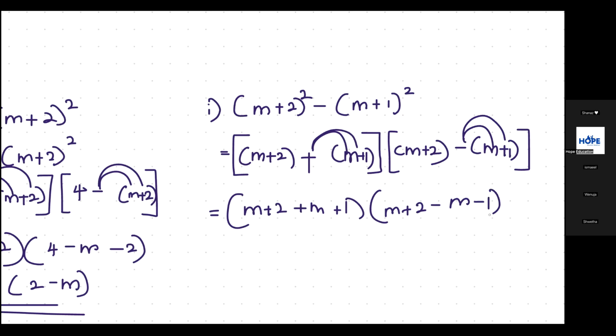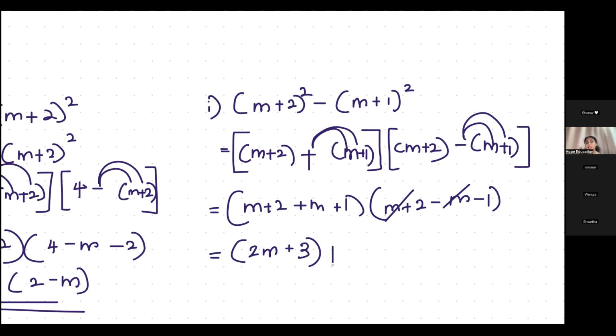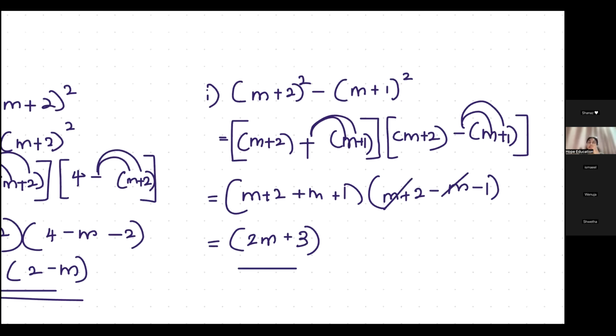So what do we have here? Here m plus m is 2m. 2 plus 1 is 3. Here plus m minus m cancel. So 2 minus 1 is 1. So 1 you don't really have to put. You can just leave it as 2m plus 3.